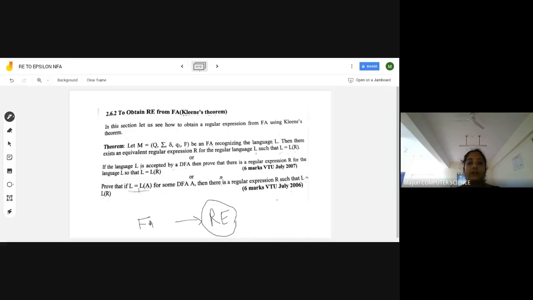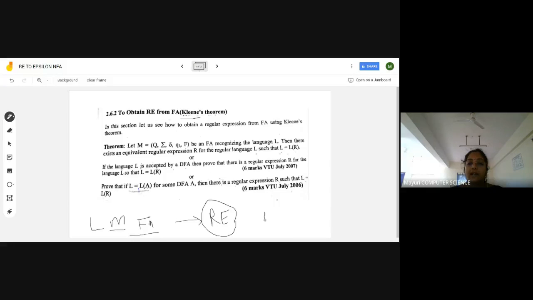So you had a theorem called Kleene's theorem. So what it says is, since we are correlating between the finite automata and the regular expression here, we will say that the language accepted by this machine M, we know that DFA machine or NFA machine, whatever it is, we overall call it as M.